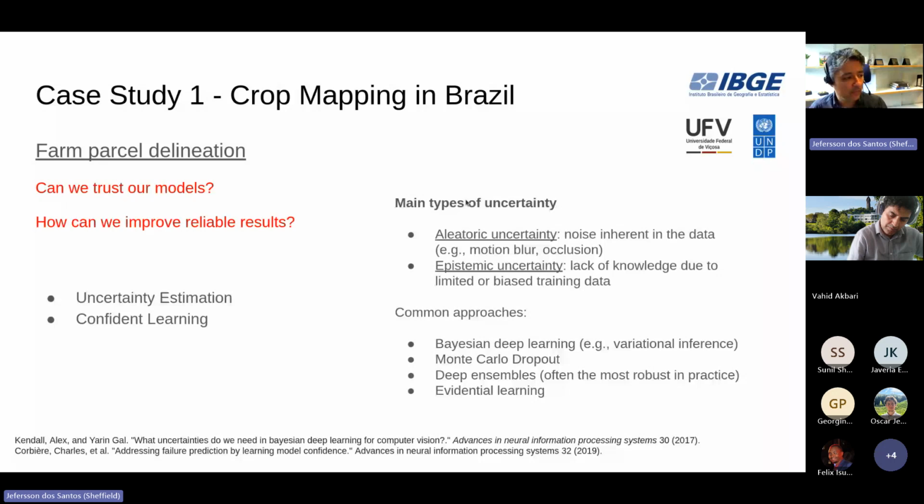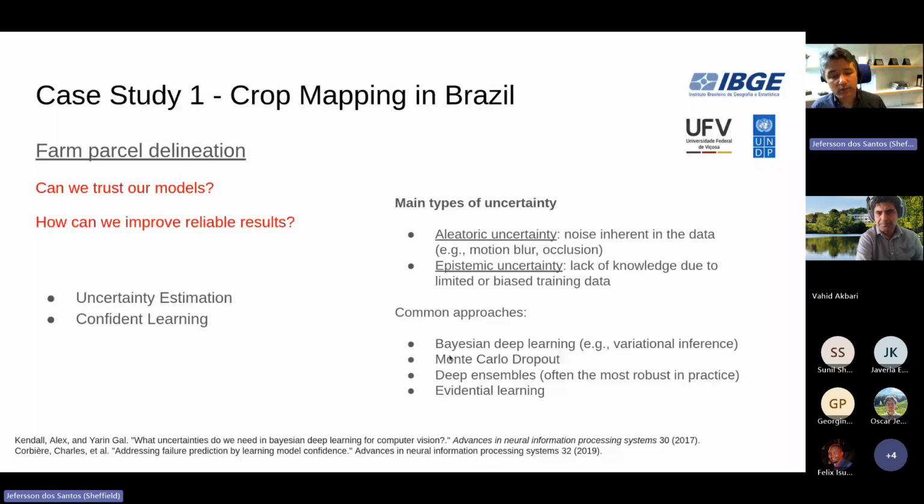Just to give you an idea, the main types of uncertainty, in general, are related to the noise from the data, which is aleatoric uncertainty, and epistemic uncertainty, which is more connected to the bias or limited training data. Common approaches to measure the uncertainty of models include Bayesian deep learning, including some kind of variational inference.